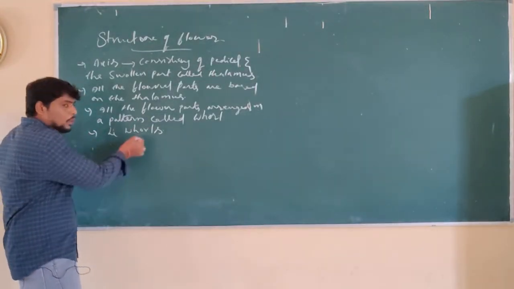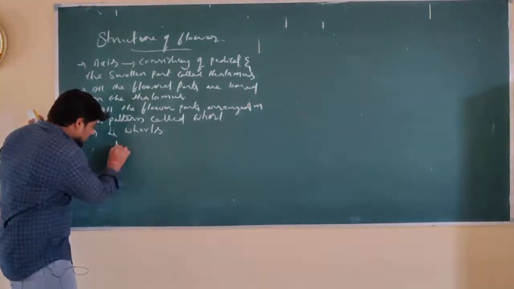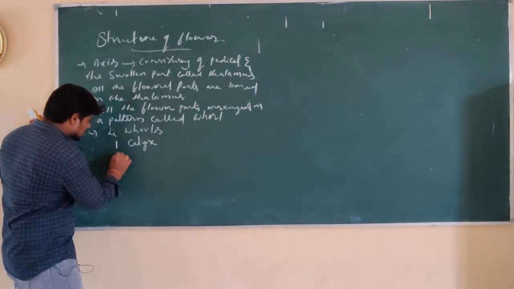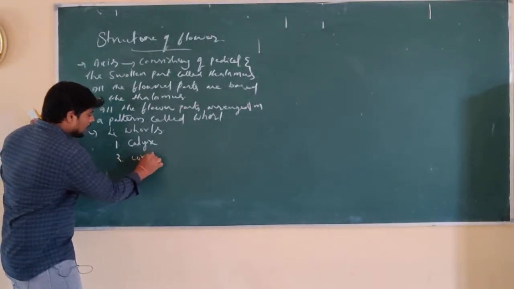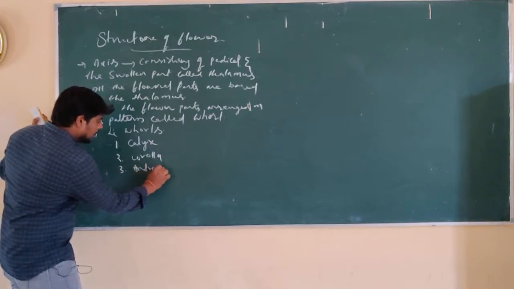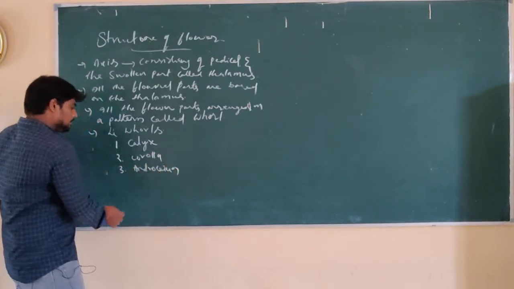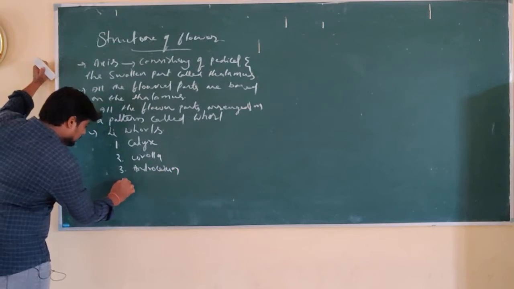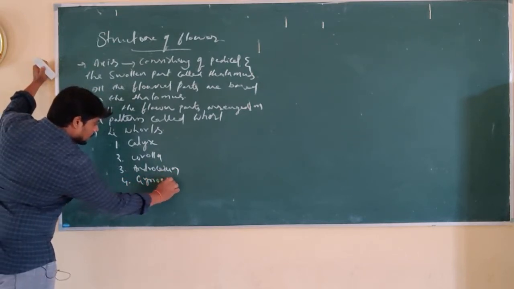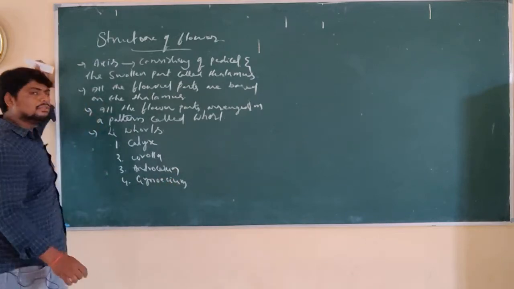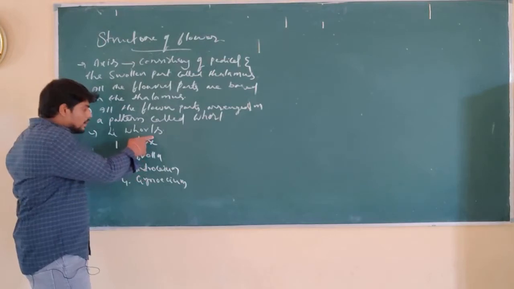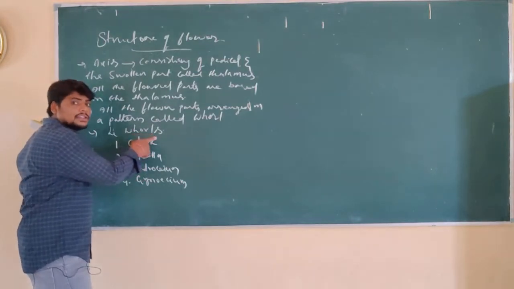What are the four whorls present in a flower? Already we have seen: calyx, corolla, androecium, and gynoecium. These are the four parts, the four whorls, or four patterns of the flower.